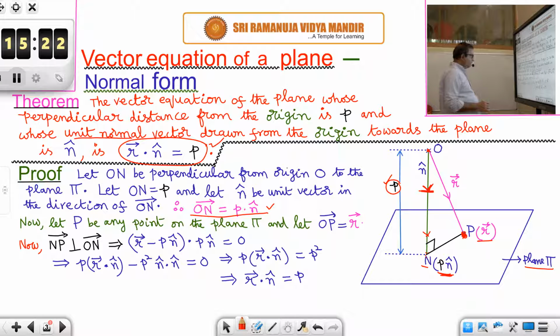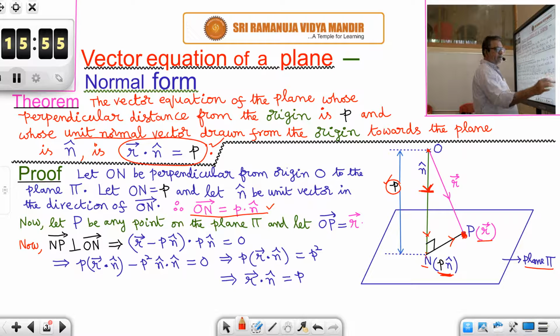Now consider NP bar. N is the foot of the perpendicular from the origin to the plane, so N is a point in the plane. P is also a point in the plane. Therefore the vector NP bar lies completely in the plane. NP bar is a vector flatly lying in the plane. Therefore it will be perpendicular to ON bar, is it not?